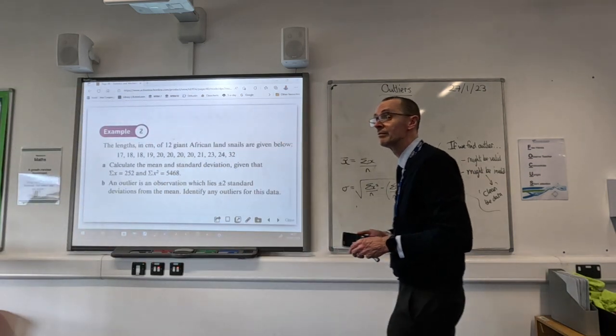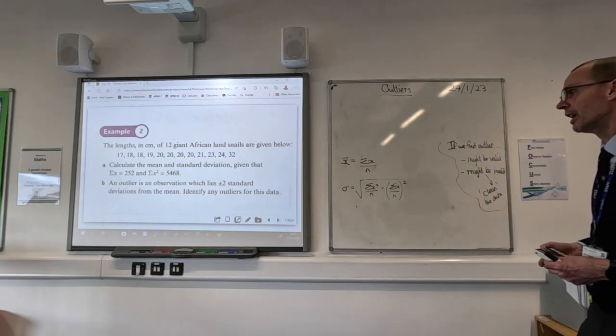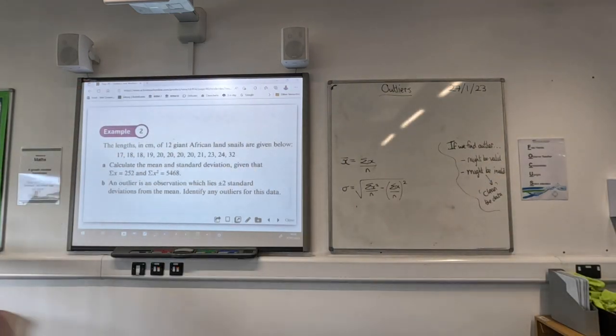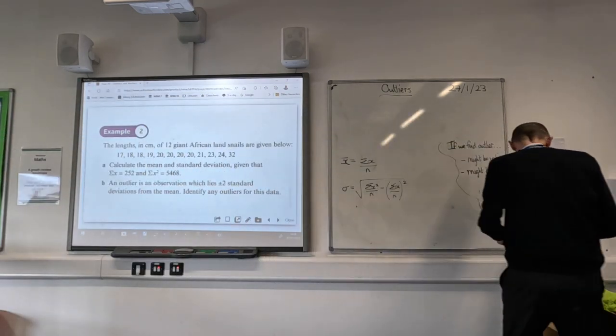Yes, sir. Do we use our rounded standard deviation or our exact standard deviation? Good question. I would not use my rounded one, but I suppose eventually you've got to round it. They use a rounded value. Bad maths. Actually, it doesn't change the answer. I suppose the question is, would using an unrounded value change the answer? And in this case, it doesn't.